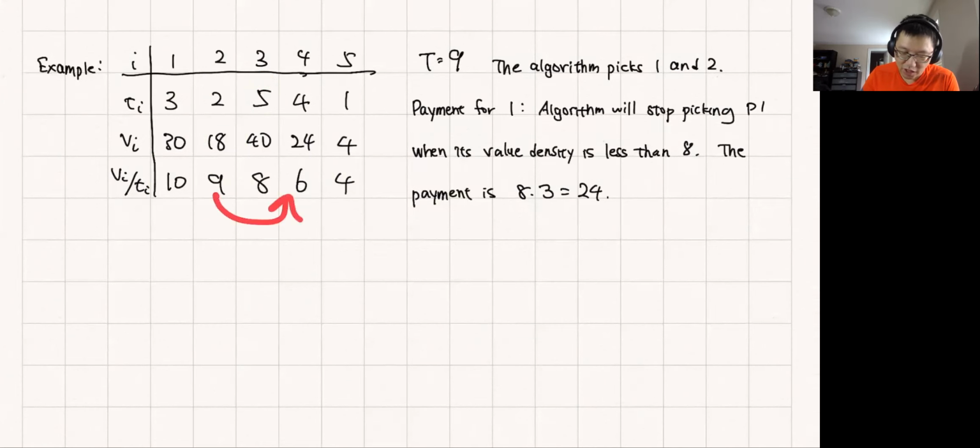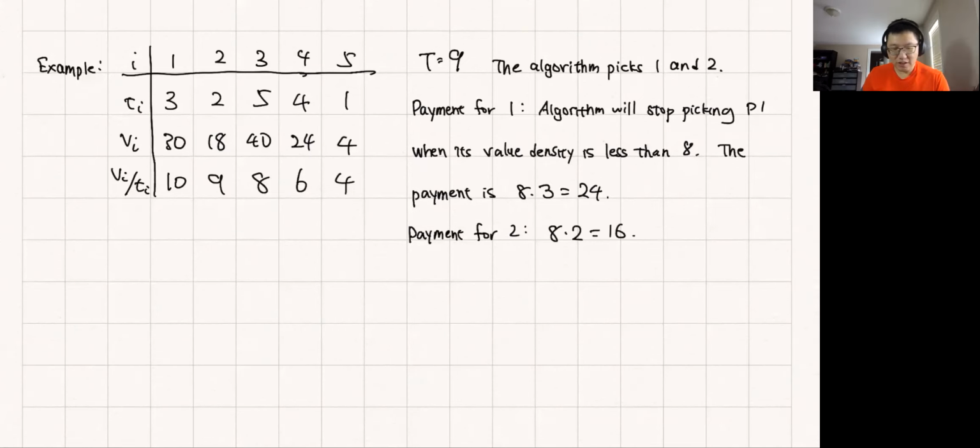So the payment for 2 will just be value density 8 times its size, and that's 16. Hopefully I did not make any mistake here.